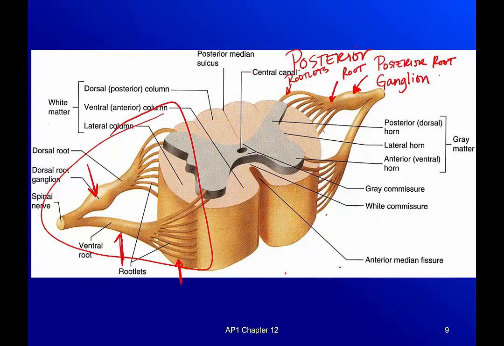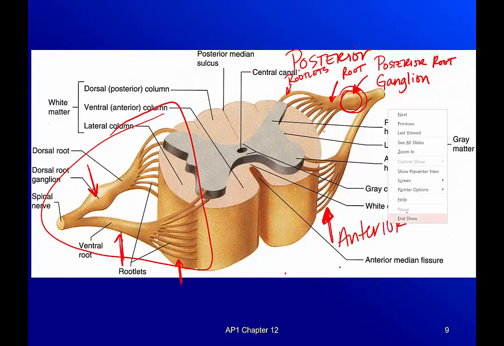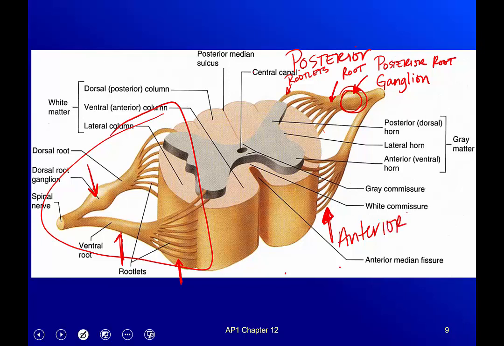Remember the cell bodies, when you put them together, they make a big kind of poochy portion? That's what that is. Now, if you look at the front, look at the little roots. They're just so precious. Well, these are the anterior rootlets because they're on the front. Okay?